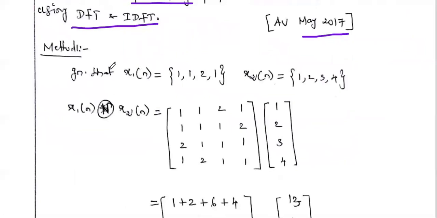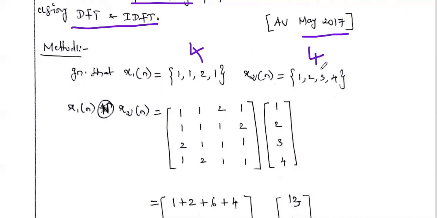So method 1. Given the x1 of n sequence and the x2 of n sequence, what is the length of the first sequence? The length means the number of samples in the given data. How many samples are there in x1 of n? 4 samples. Similarly, in x2 of n also there are 4 samples.